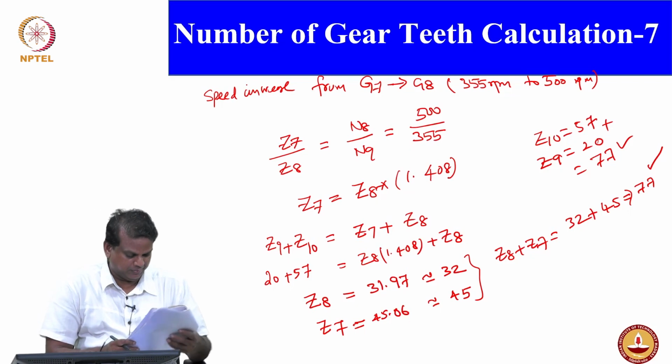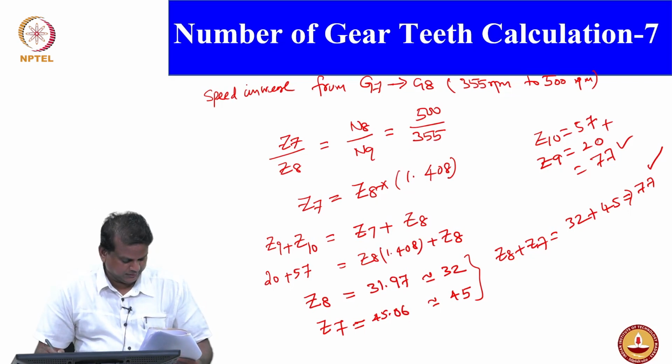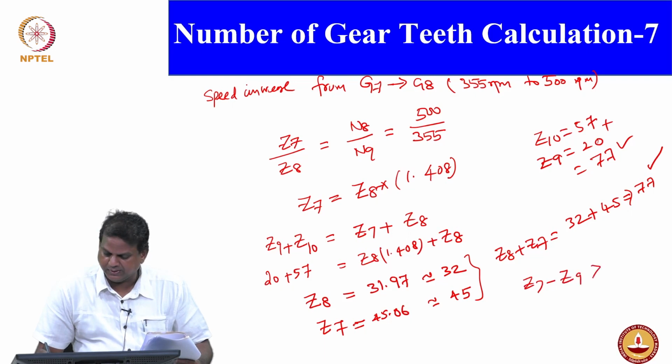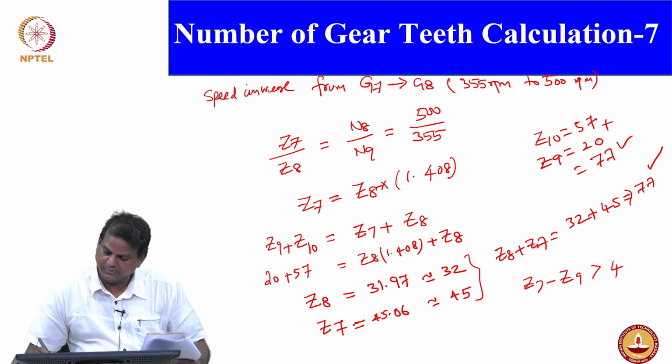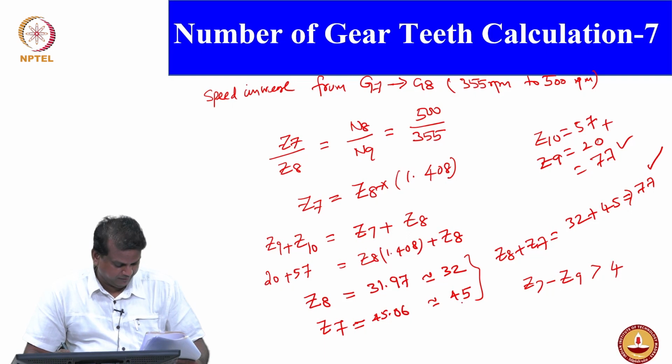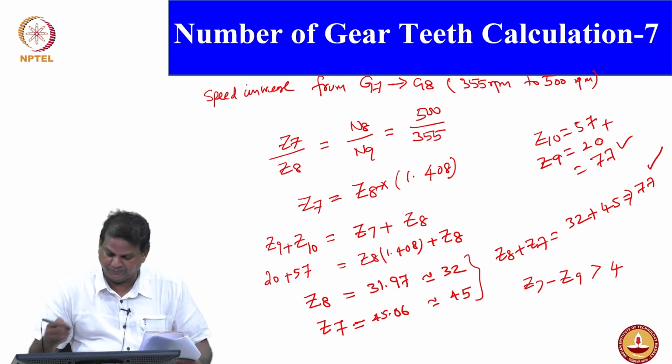So if you check the difference between Z7 and Z9, they are getting a minimum difference of 4, correct, isn't it? So we know that your Z7 is 45, your Z9 is 20, obviously you have a big difference.